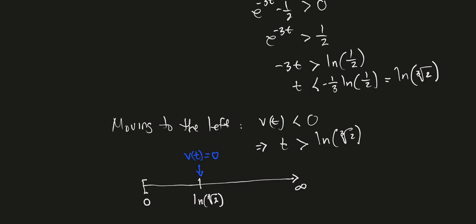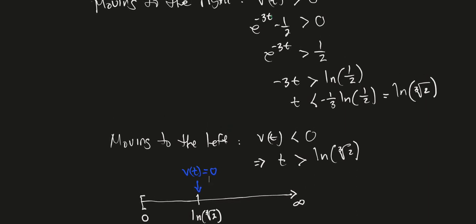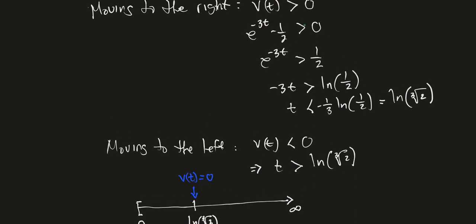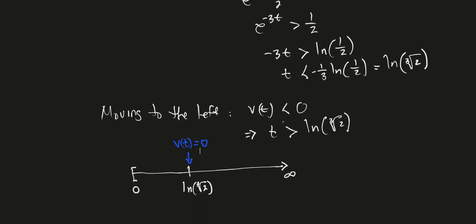For values of t that are less than the ln of the cube root of 2, our velocity is positive. That's what we solved right here, right? So velocity is positive whenever t is less than the ln of the cube root of 2.